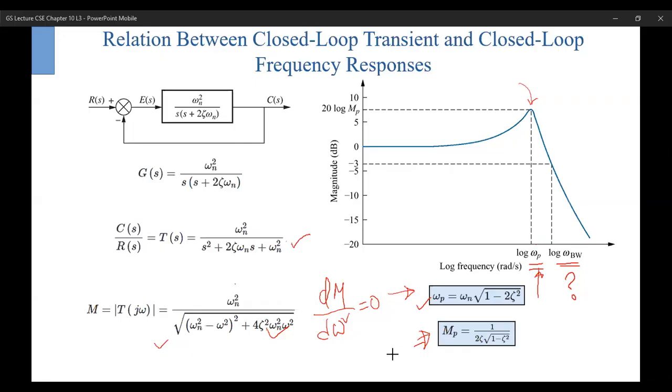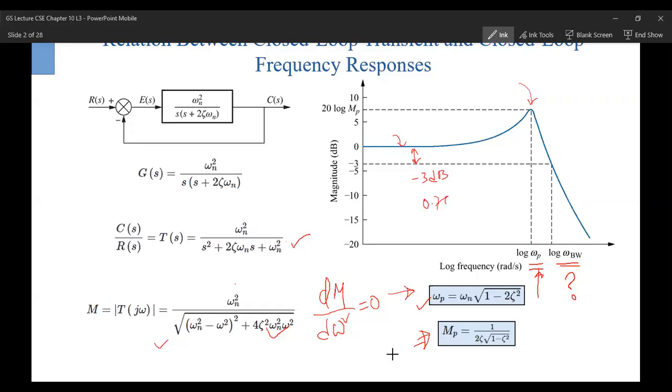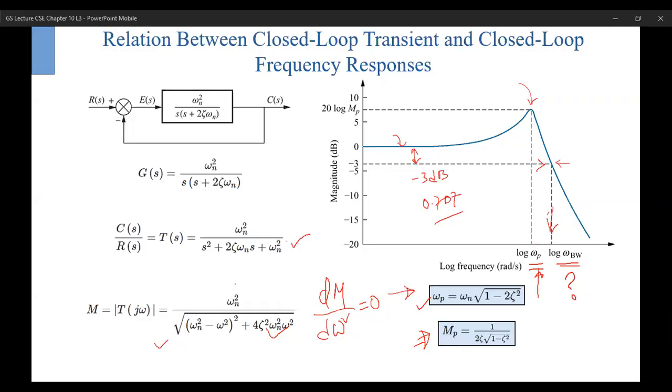From the zero frequency, 0 dB magnitude, if you have minus 3 dB, or in normal magnitude 0.707 of the unity magnitude, then the corresponding frequency that we get is our bandwidth.